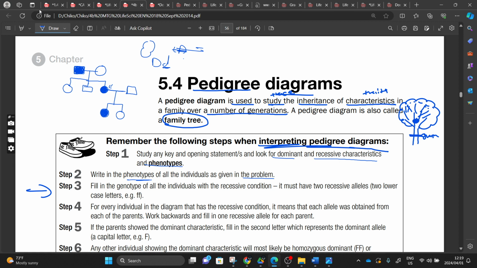Maybe they will say that these that are shaded both have an hourglass. But I realized that I've shaded a male here. It means that the father here had a big backside. Sorry to say this, but you might find that we have fathers who have the backside, and then this father married a woman who is flat.